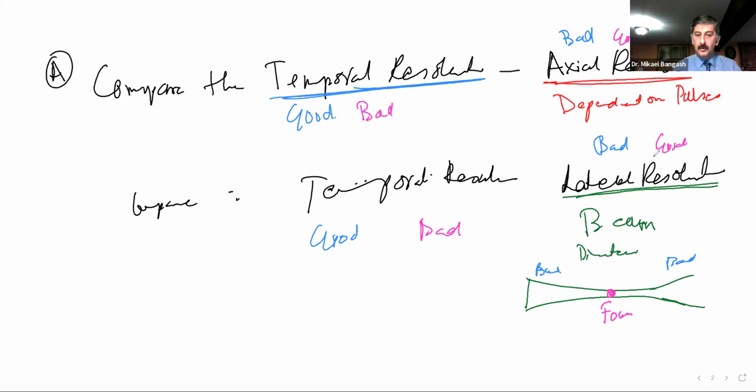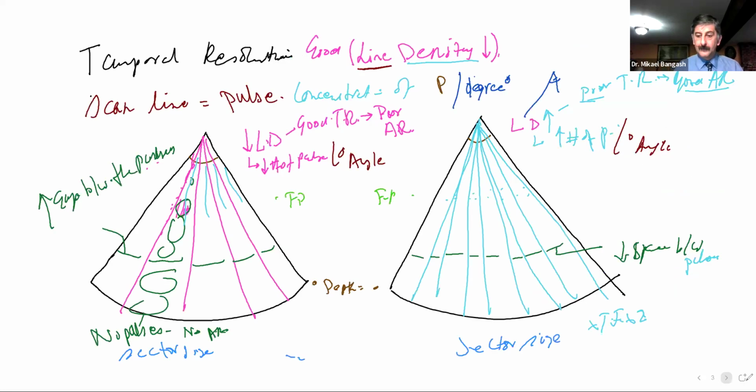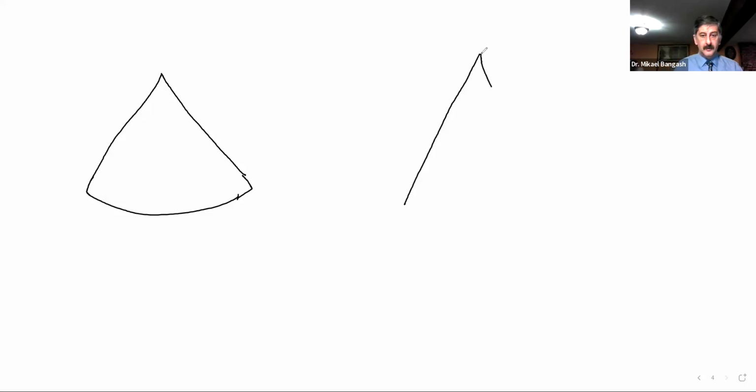is going to cause the lateral resolution to be good. But that was going to cause the temporal resolution to be bad. And why was that? Again, we have two similar images, the same sector shape or size.